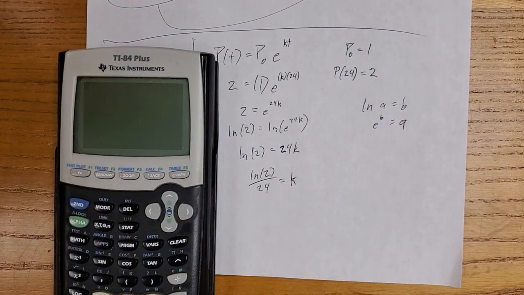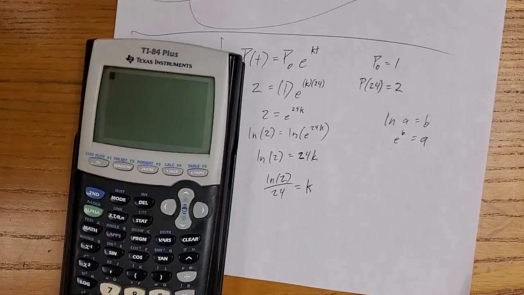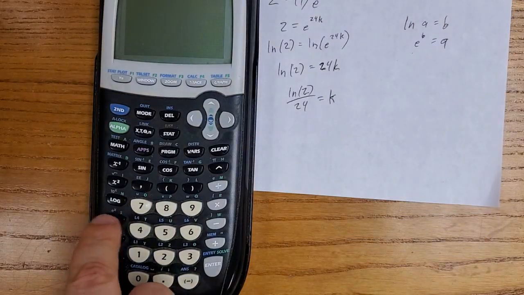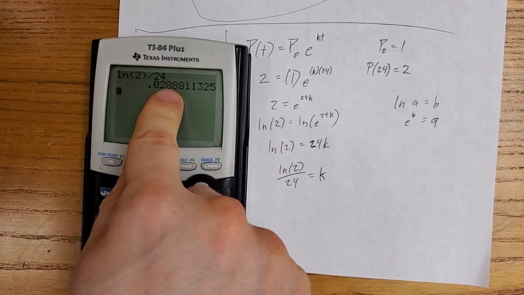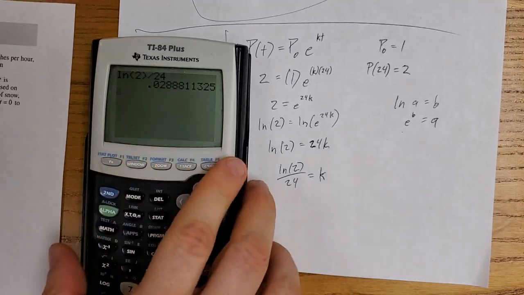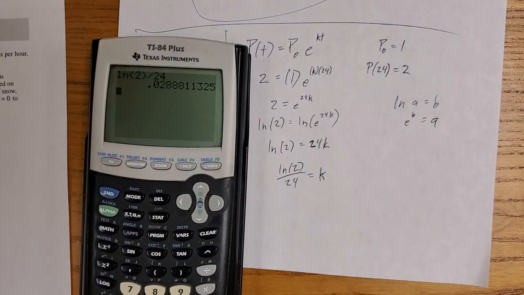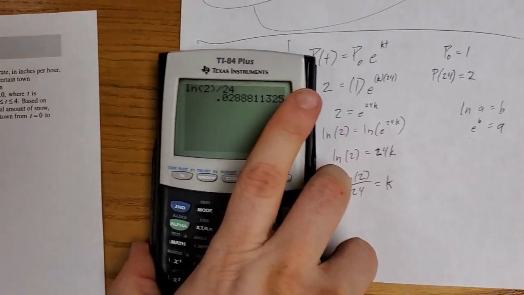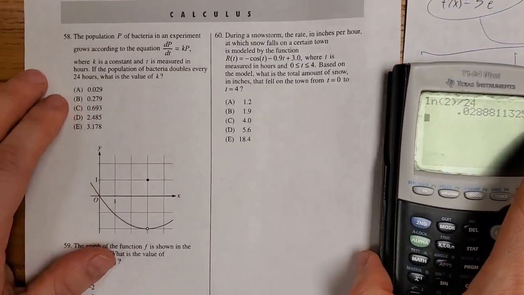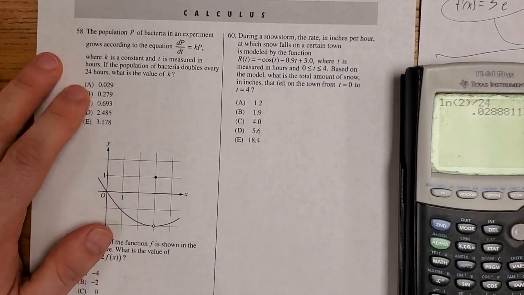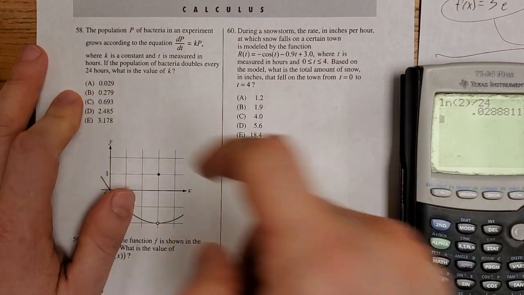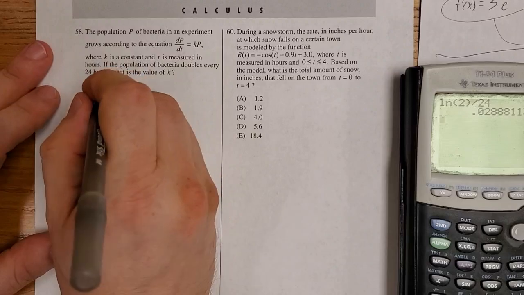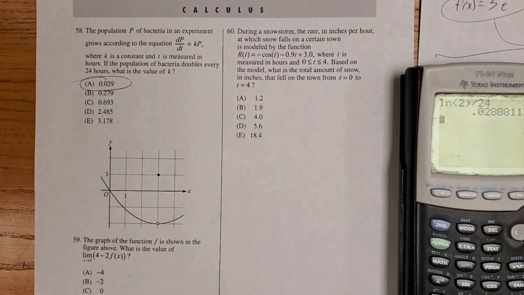Okay, so the natural log of 2 divided by 24, 0.0288, and in our selections, it rounds to 0.029. So that would be the answer there.